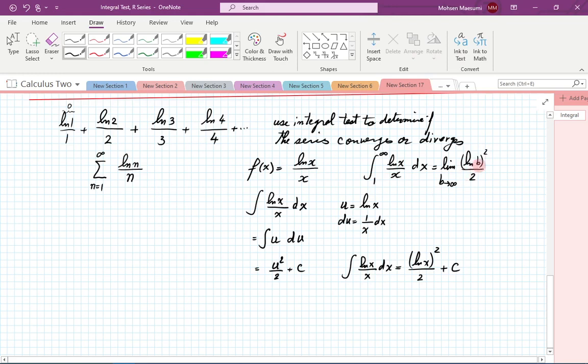Well, as b goes to infinity, this quantity is going to be infinite, and our integral simply goes to infinity. What does that imply? It implies that this sum is also going to go to infinity, and as a result we are going to declare this a divergent series.